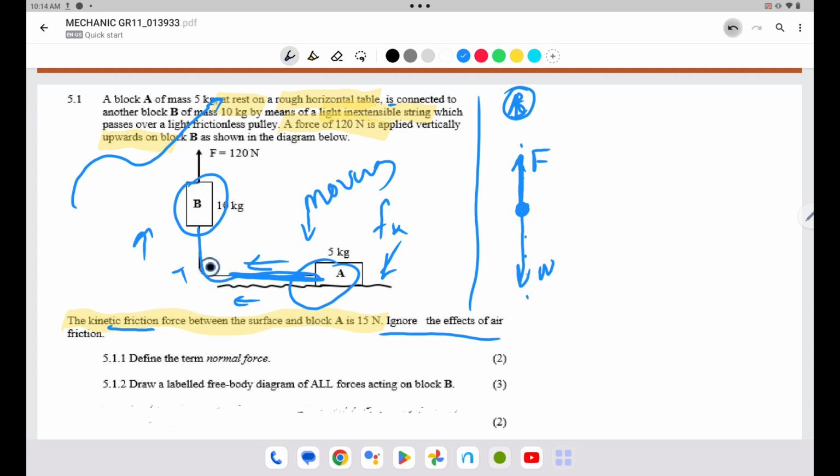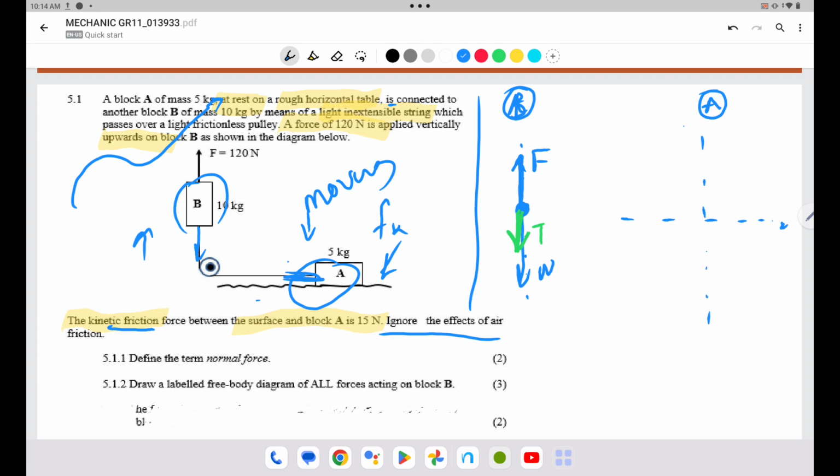How do we draw the tensional force? Remember that the tensional force is along the string away from the object. So I'm going to draw it in green. So that is tension.